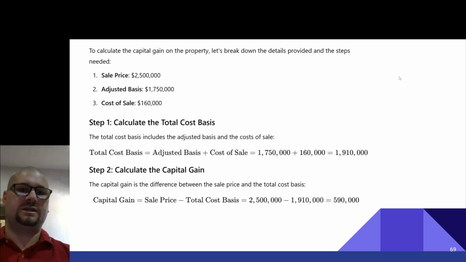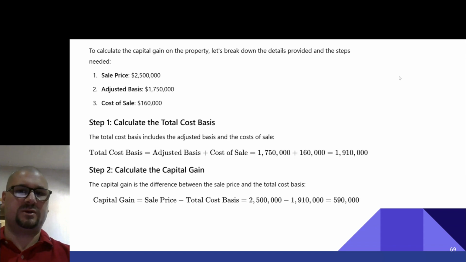Step 2, calculate the capital gain. The capital gain is the difference between the sales price and the total cost basis. So again, capital gain equals the sale price minus total cost basis.